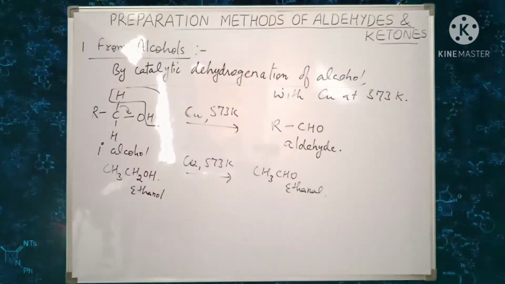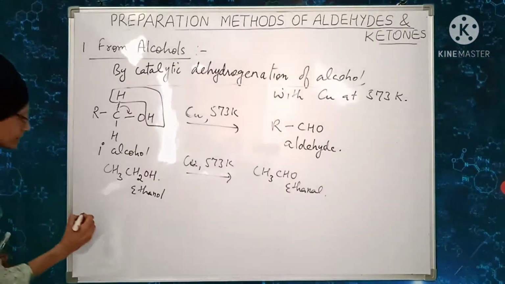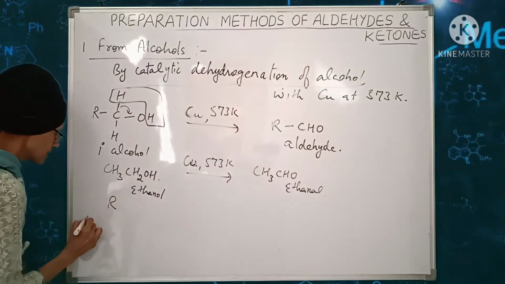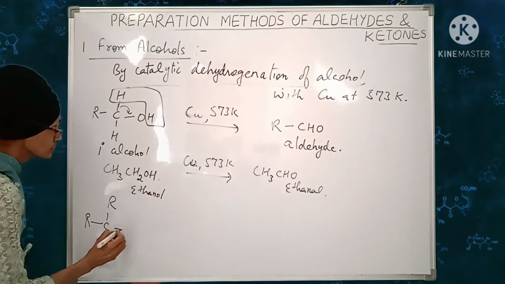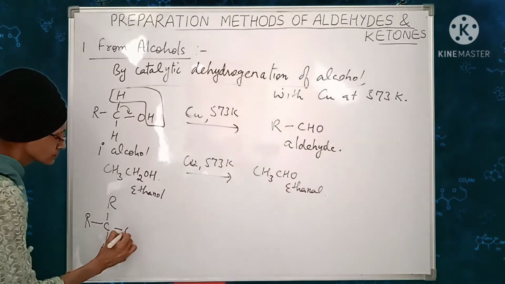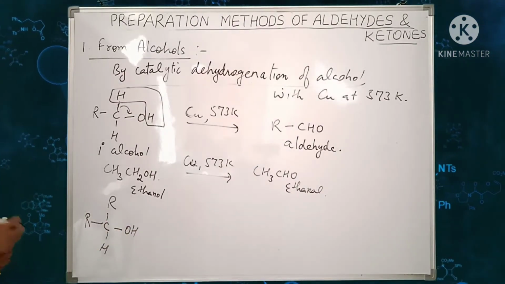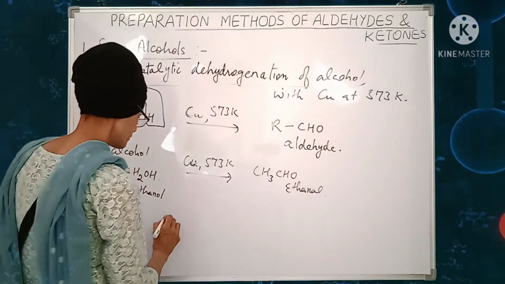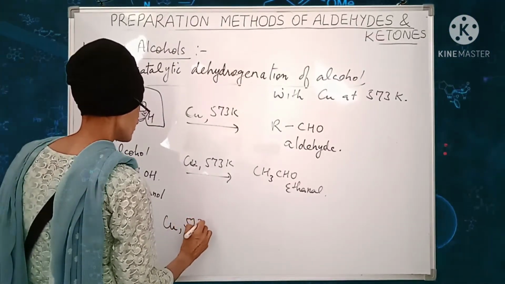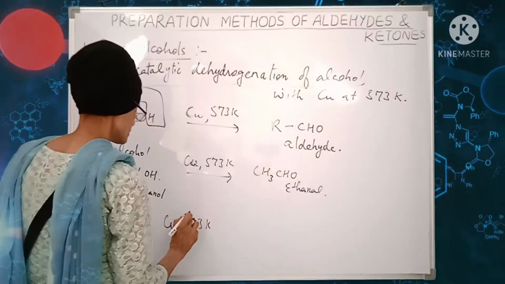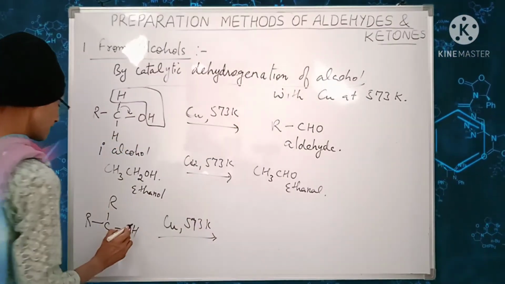Now starting with a 2-degree alcohol, we get a ketone. I am taking the example of a 2-degree alcohol. What will happen when we treat with this catalyst at 573 Kelvin?